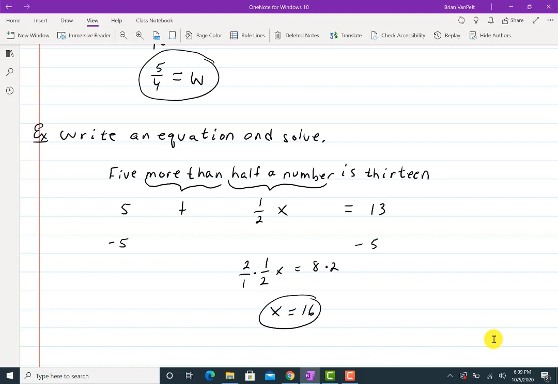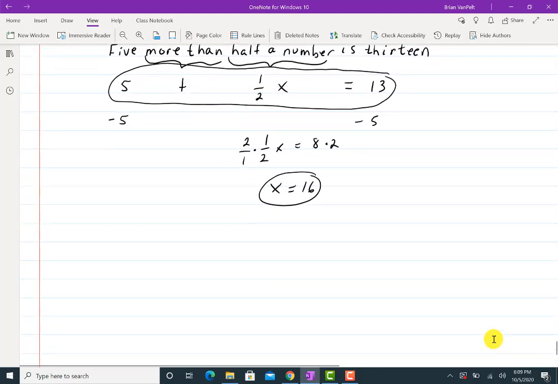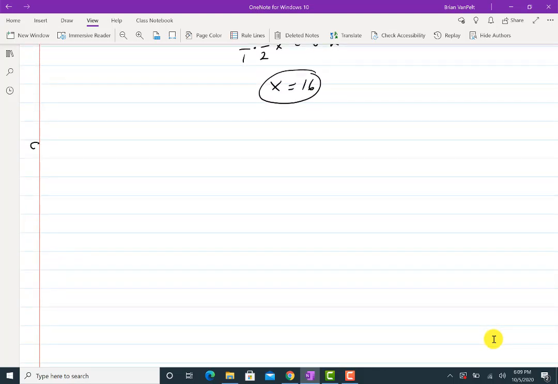So there are two parts to the problem: writing the equation, so there's the equation, I'm circling it, and then the answer to the equation. Let's try another one of those. 2/3 of a number is -34.